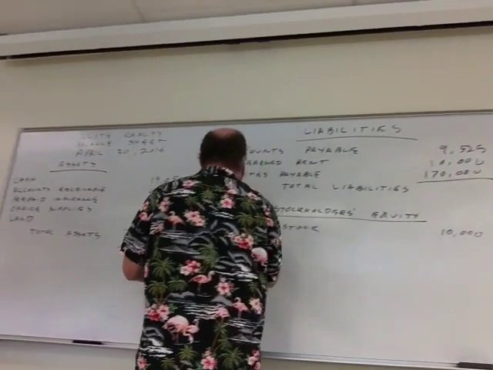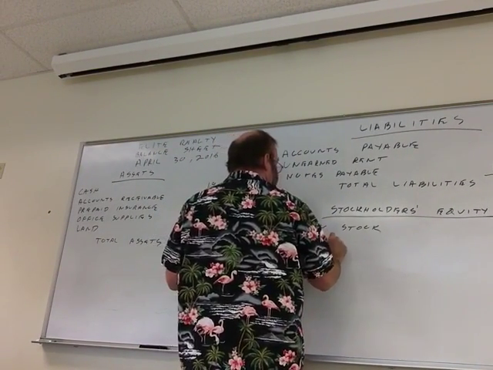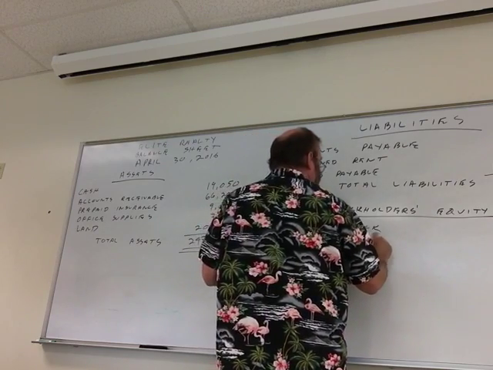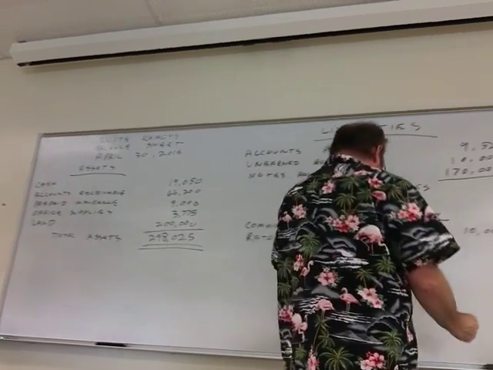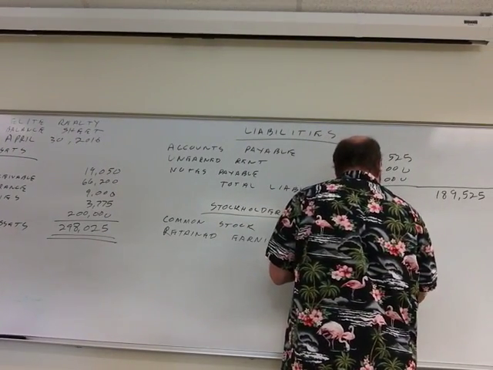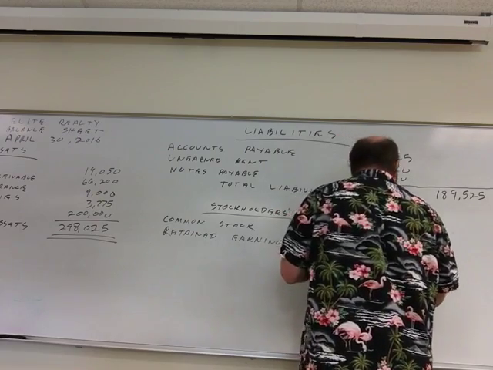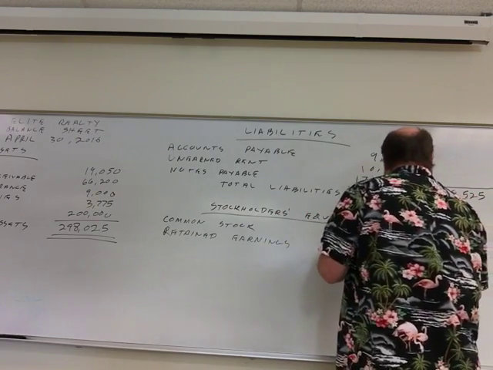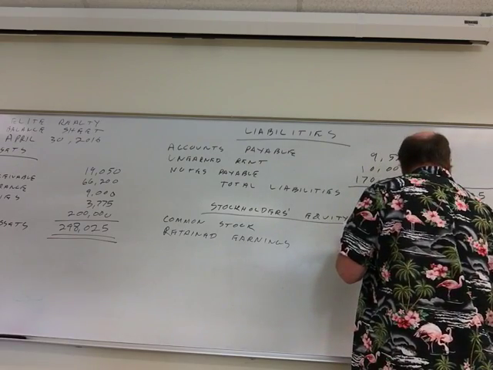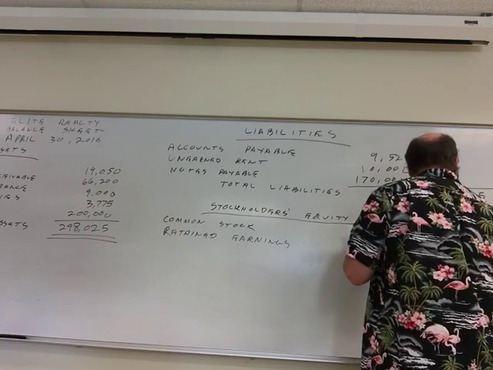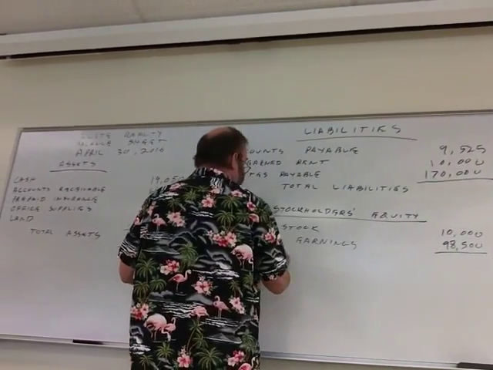And we have the retained earnings that we just got finished calculating at $98,500. Add those two together, you get $108,500 as total stockholders' equity.